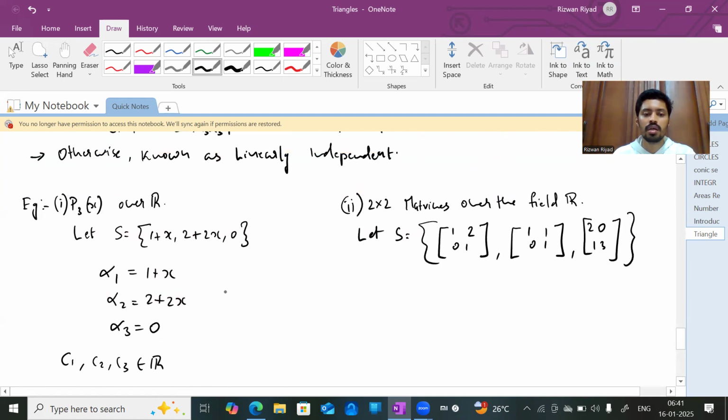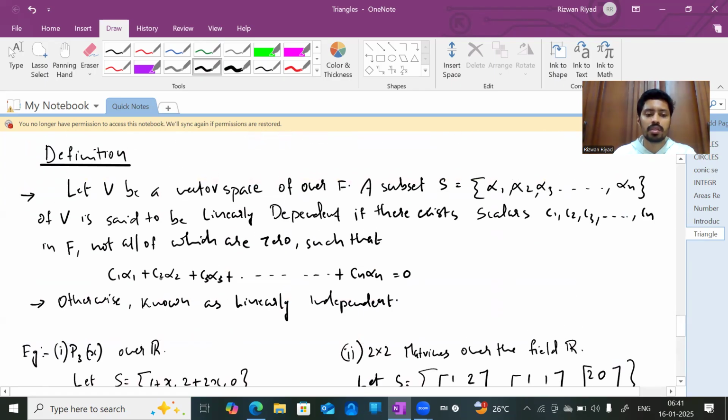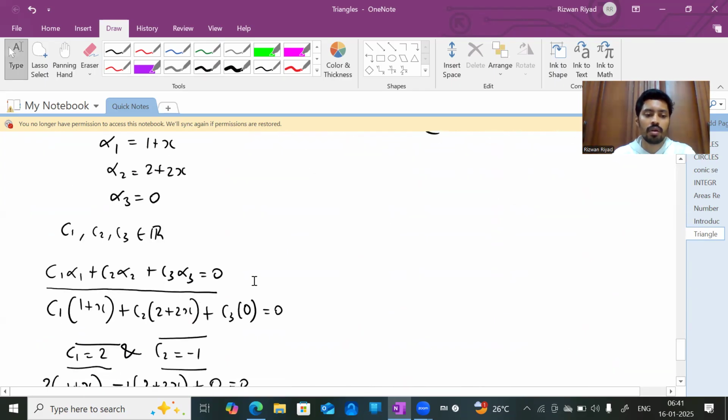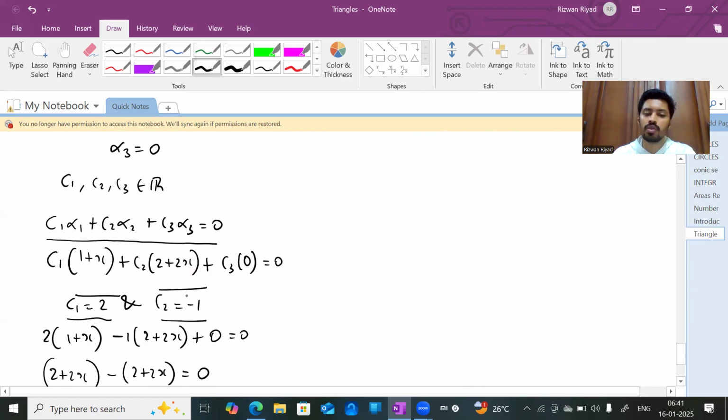So that is a condition for linear dependence: not all of which are 0. Here our C1 is 2 and C2 is minus 1. So it's not necessary that all of them are 0. Even without all these values being equal to 0, we can have this equation.